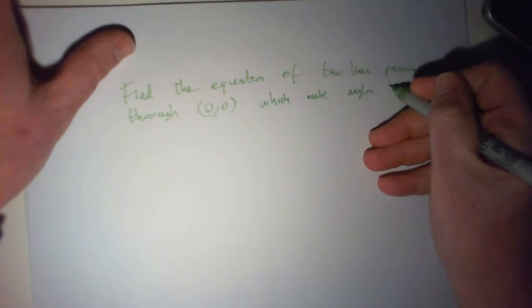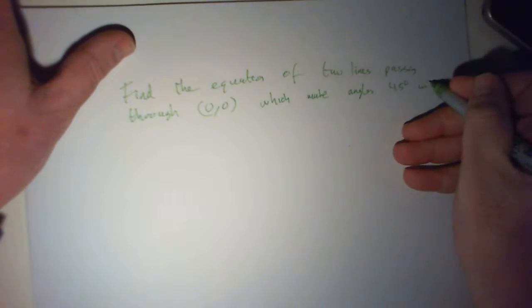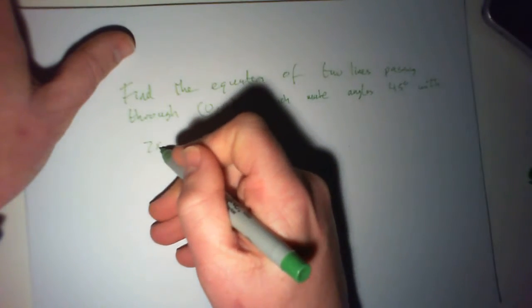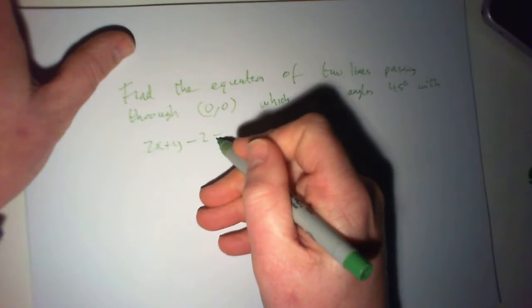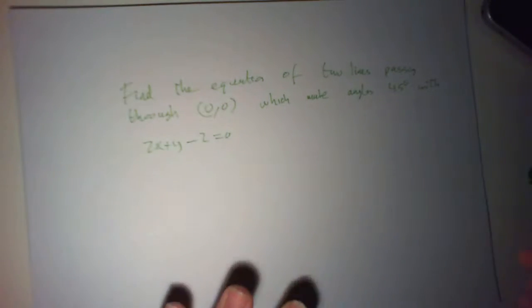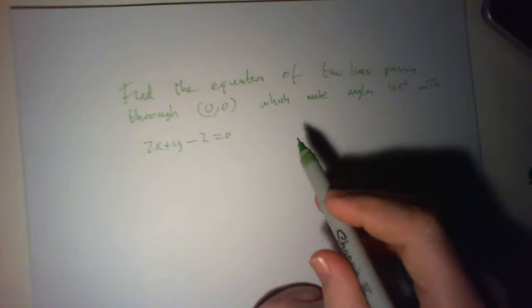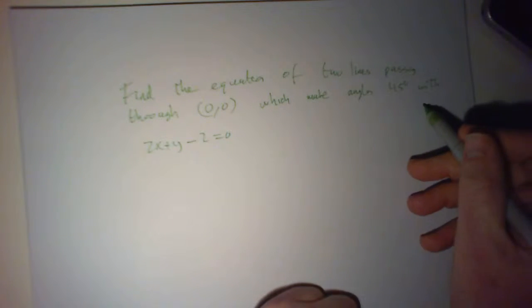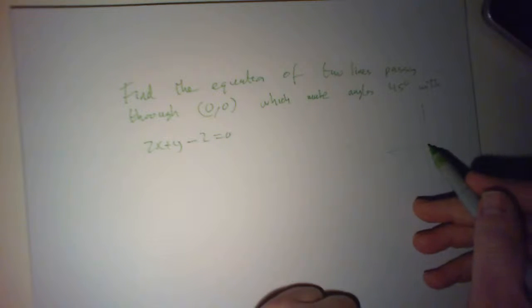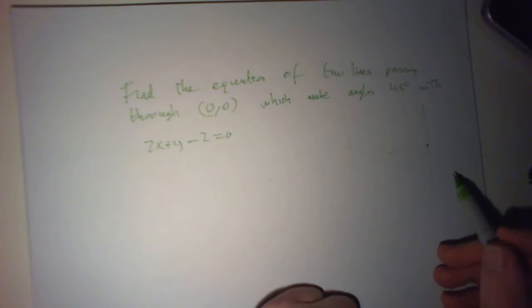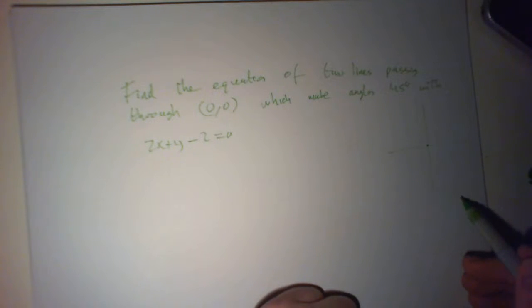which make angles of 45 degrees with, now remember we did an example of this one video back, 2x plus y minus 2 equal to 0. So you can visualize this anyway, but basically you've got two lines passing through 0, 0. You could have two lines that could be the x and y axis, they could technically, and then you have a third line going across them like that.